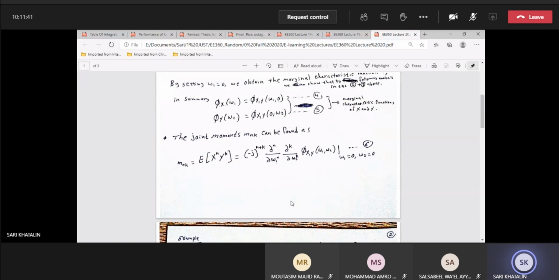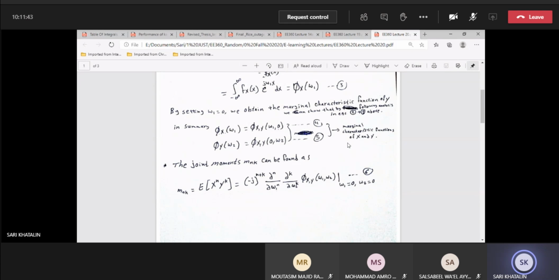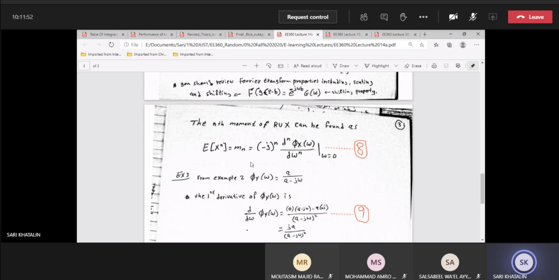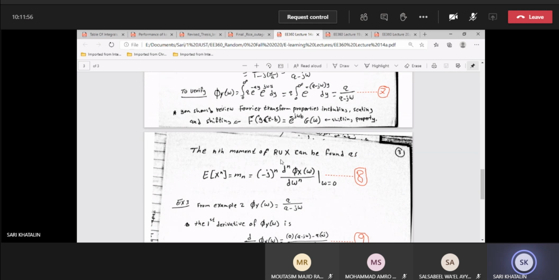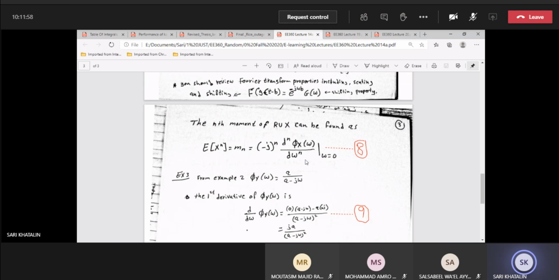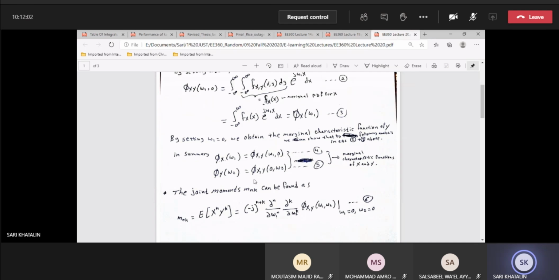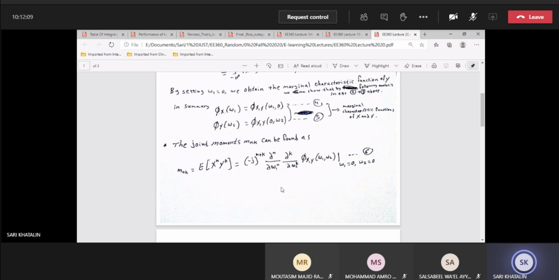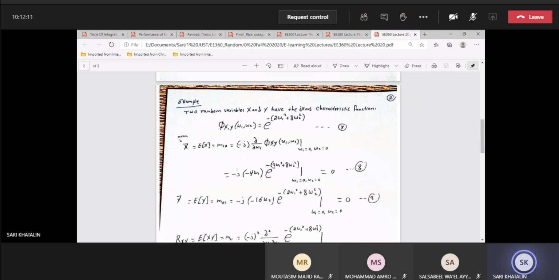So you can do it by finding the marginal characteristic function and go back to lecture 14 of chapter 3 and use this equation, or you just set k to 0 and do the partial derivative right away.